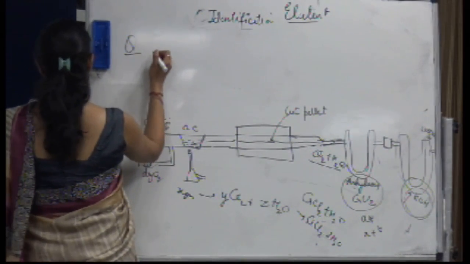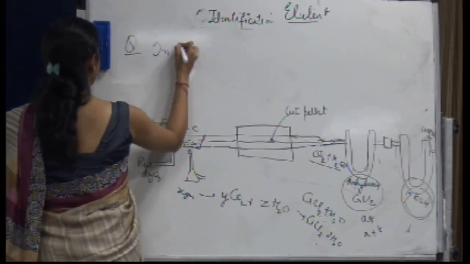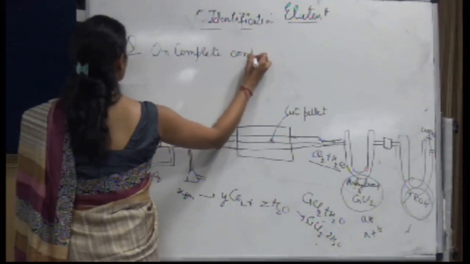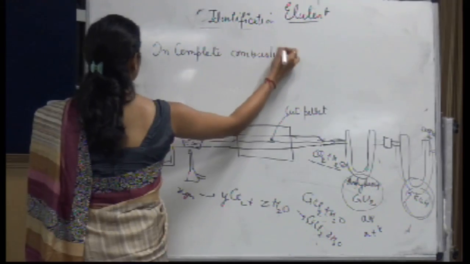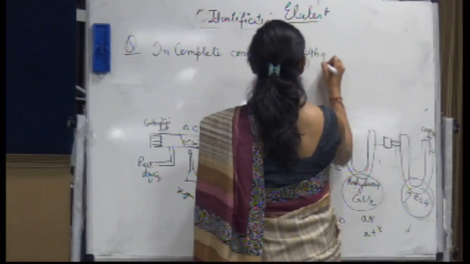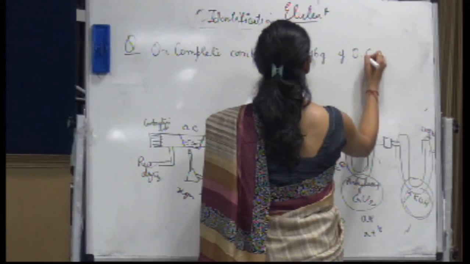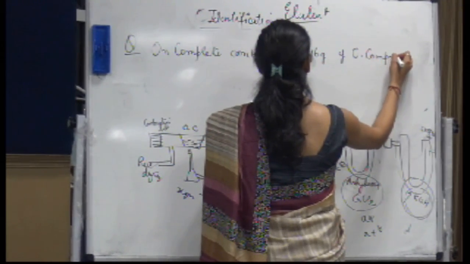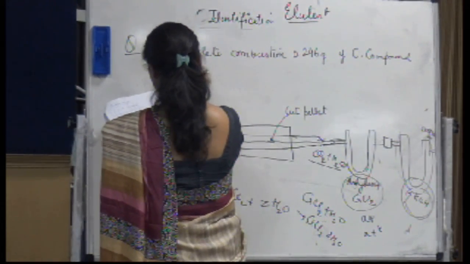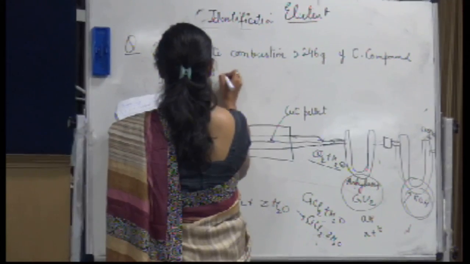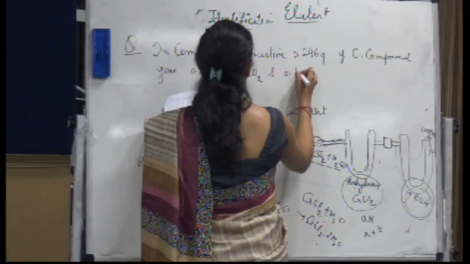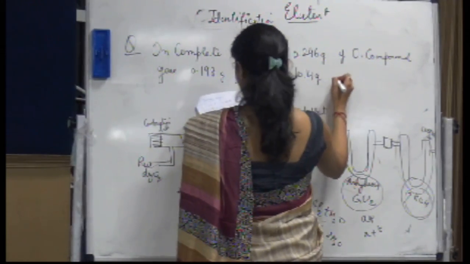Now write down one question. On complete combustion, 0.246 grams of organic compound gave 0.198 grams of carbon dioxide and 0.1014 gram of water.